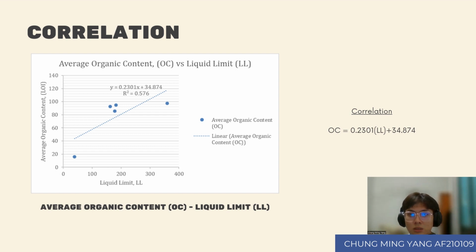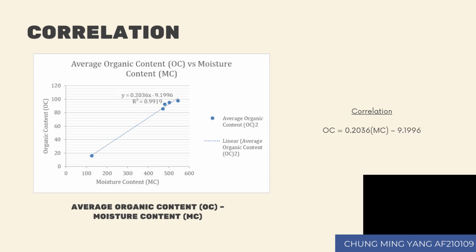Next, this is the correlation graph of average organic content to the liquid limit of the peat soil. The correlation equation is organic content equals 0.2301 times liquid limit plus 34.874.